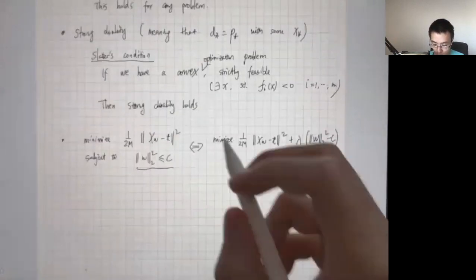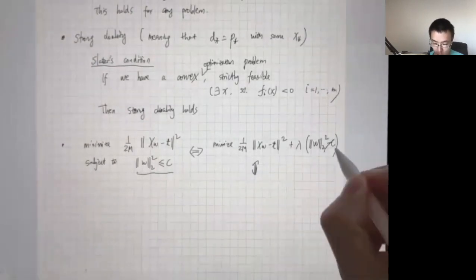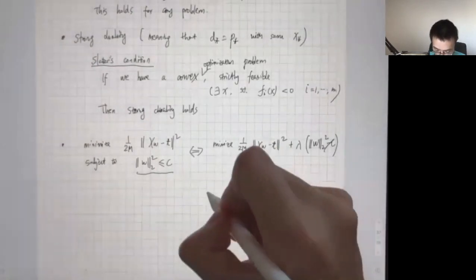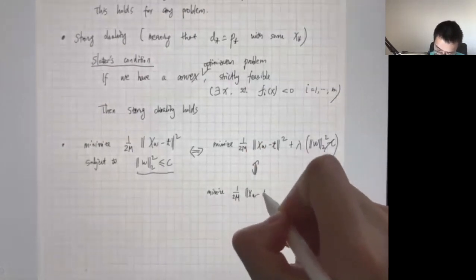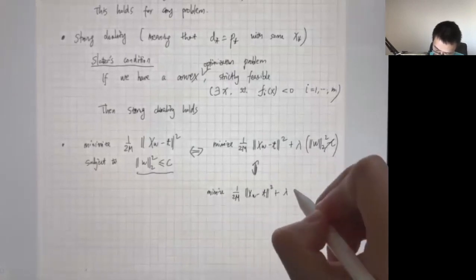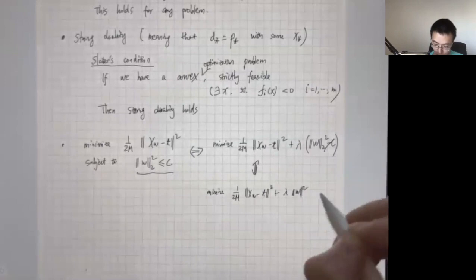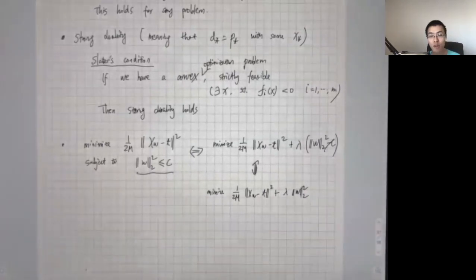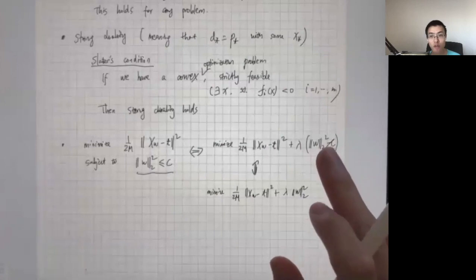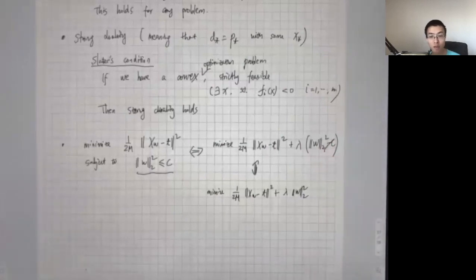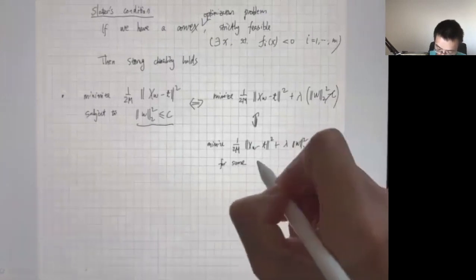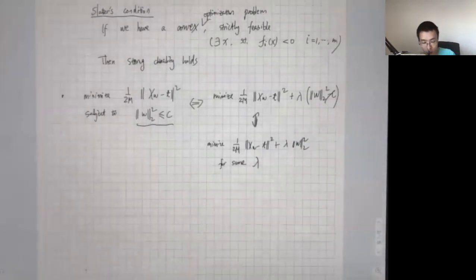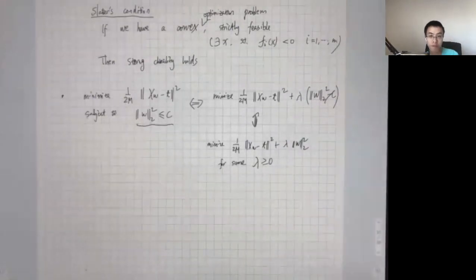So you have this term. But indeed, I can omit this term because C is a constant and lambda is some constant, right? So I can indeed say this is minimized. If it's not for regularization, then you'd rather work out for C step by step, otherwise it's very likely to make an error, for some lambda greater than or equal to 0.